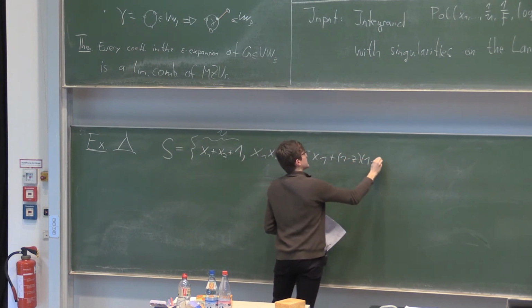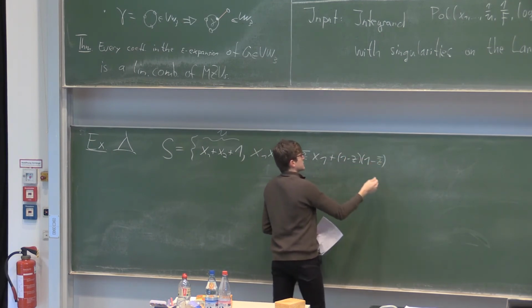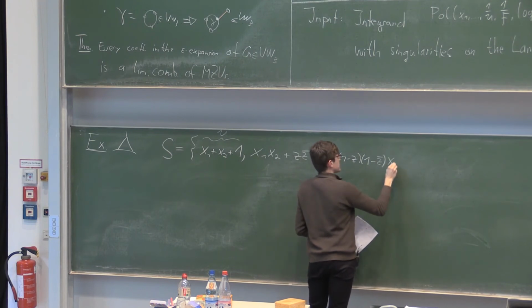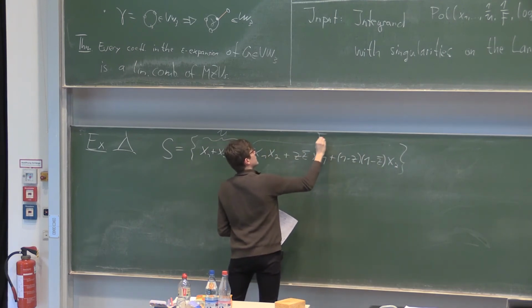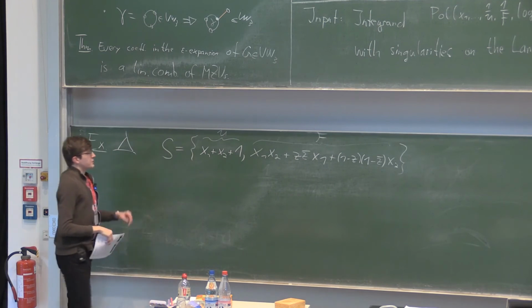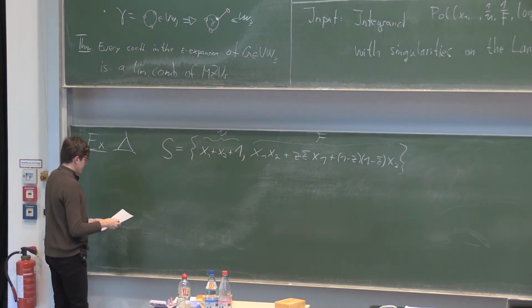Remember, we had this parametrization for the momenta in terms of the z and z bars, which turns out to be convenient. So this is F. So this was the input of our calculation.